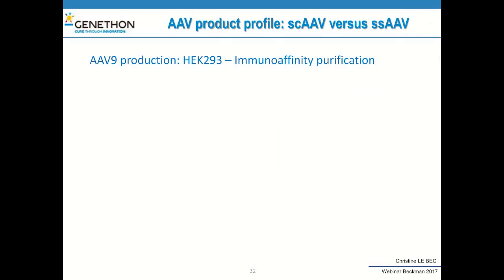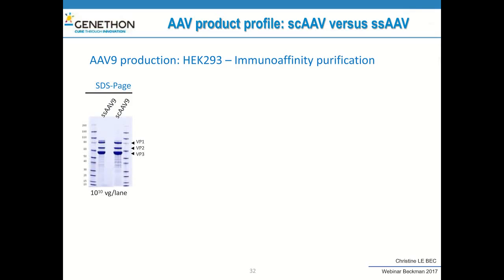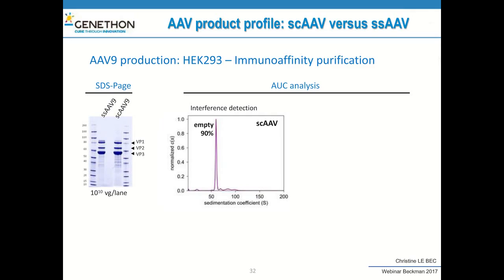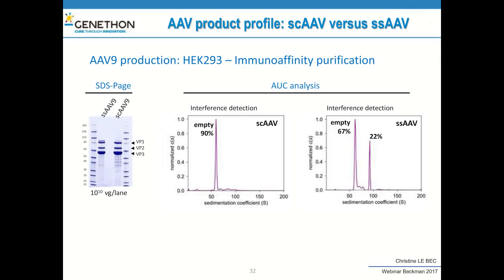For another project, we compared the AAV production of the double strand to the single strand. On the SDS-PAGE of the viral particles, we have the same profile in terms of the VP proteins. In terms of the ratio of empty and full particles, for the double-strand AAV you have almost 90% of empty particles.